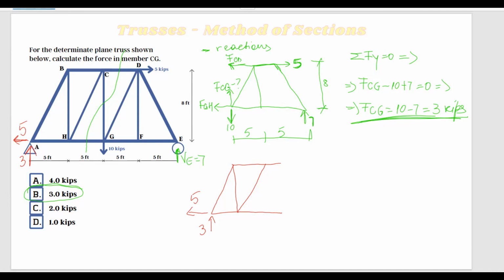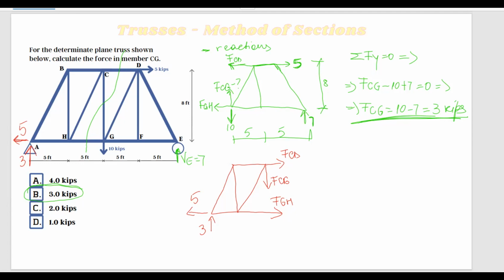This member here is going to be FGH, and then pulling downwards, we're going to have FCG, and this force is FCD. If you notice here, the only unknown force on the vertical side is FCG.